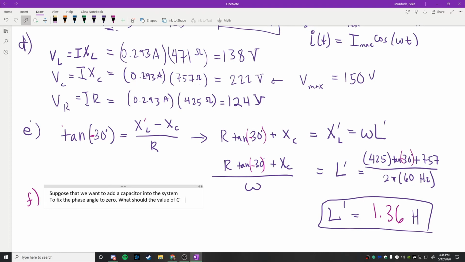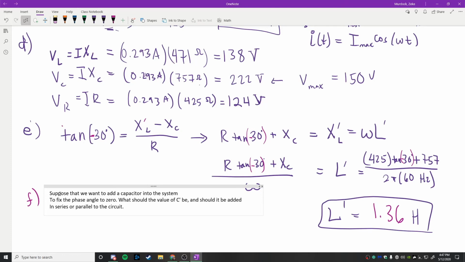We'll call it C prime. Suppose we want to add a capacitor in the system, and our goal is to fix the phase angle so that it's 0.